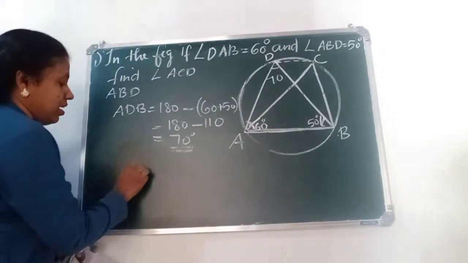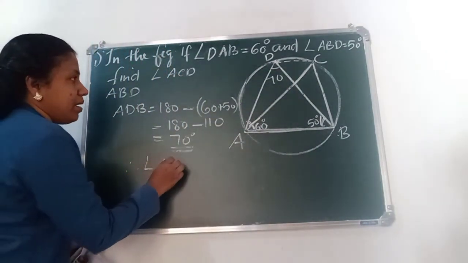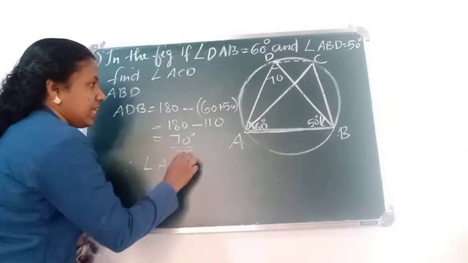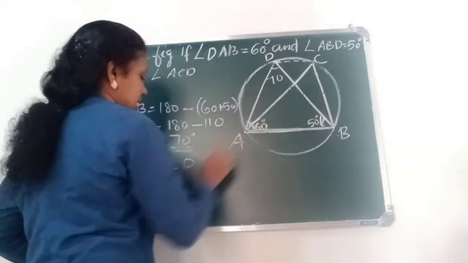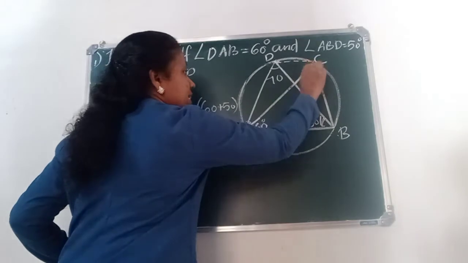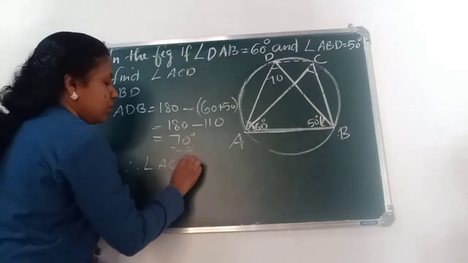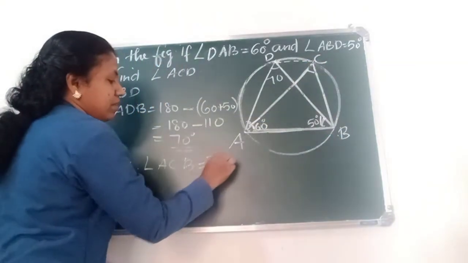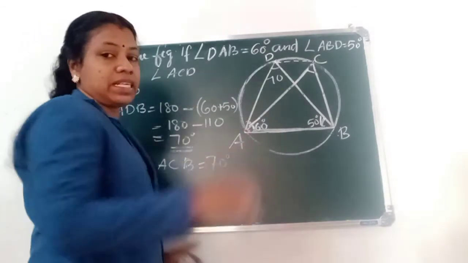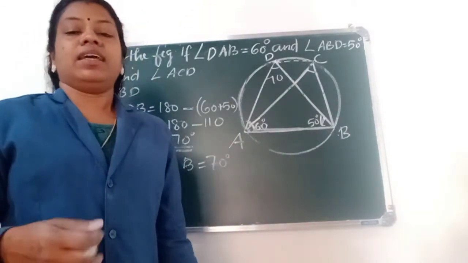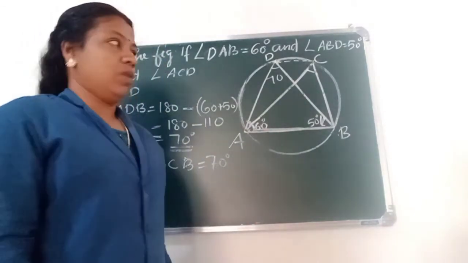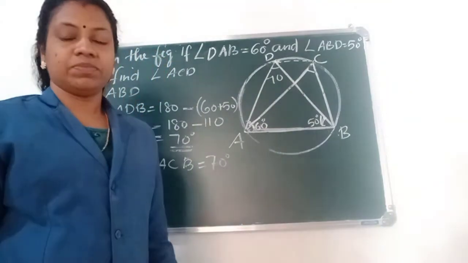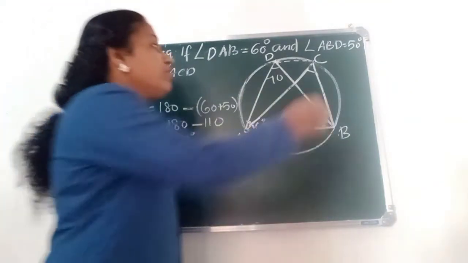Therefore angle ACB equals 70 degrees because angles in the same segment are equal.